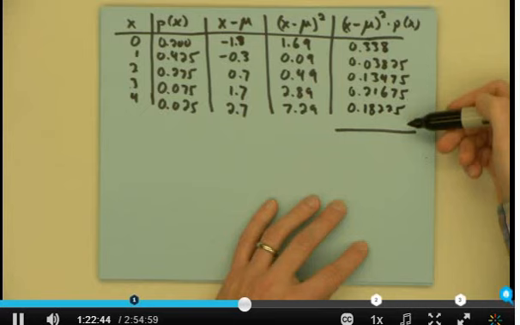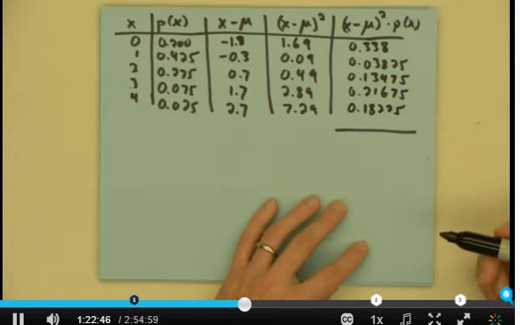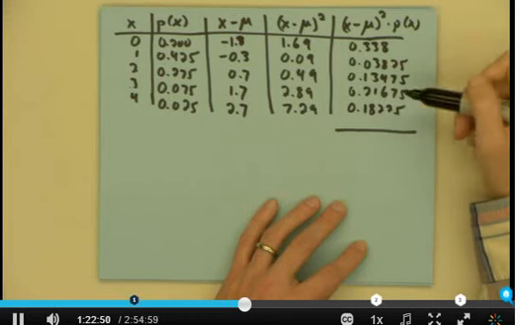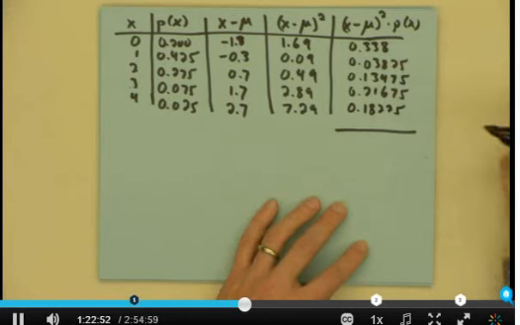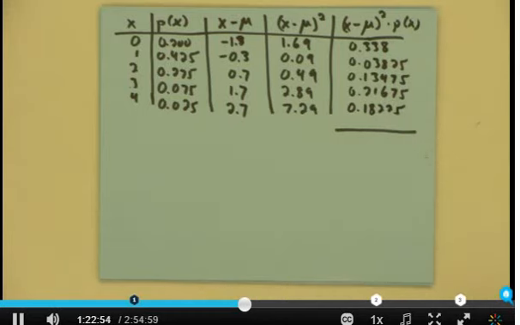And now when I add these together, that will give me the variance. Just estimating first, about 5 and about 4. I expect about 0.9 maybe. Let's see what happens. Yeah, how about that?